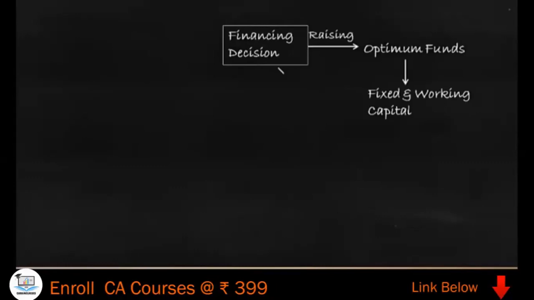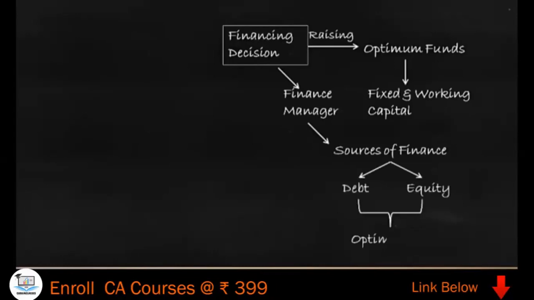So the finance manager should know all the sources of finance. He should be able to raise the debt funds and the equity funds in an optimum mix. And the finance manager should know the distinction between profit and cash. It's not that all profits can make cash, and it's not that all cash available is profit.